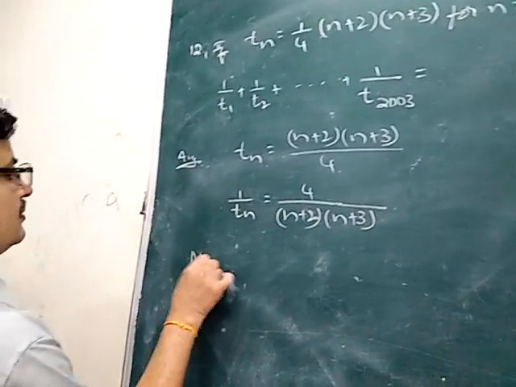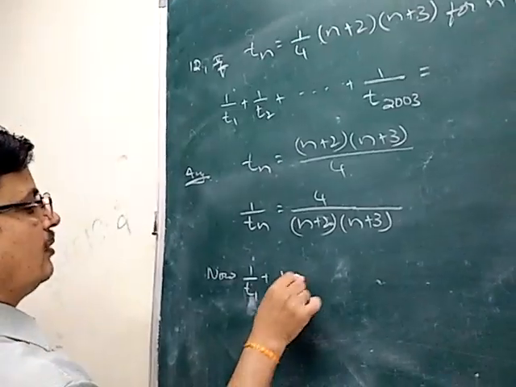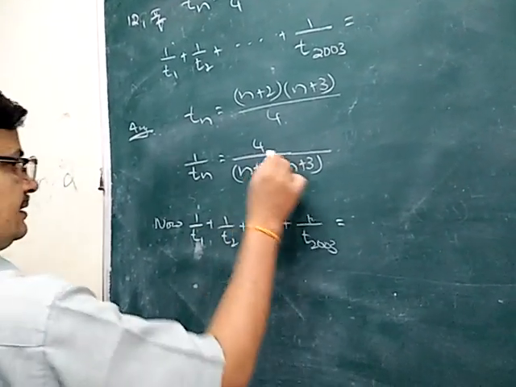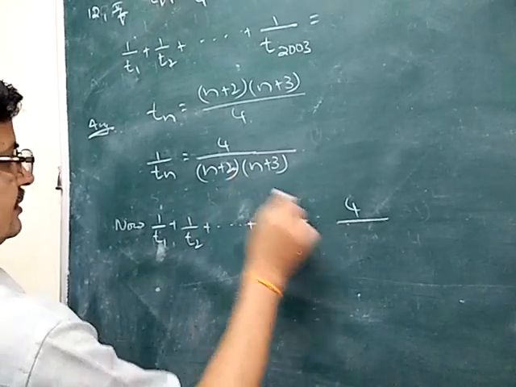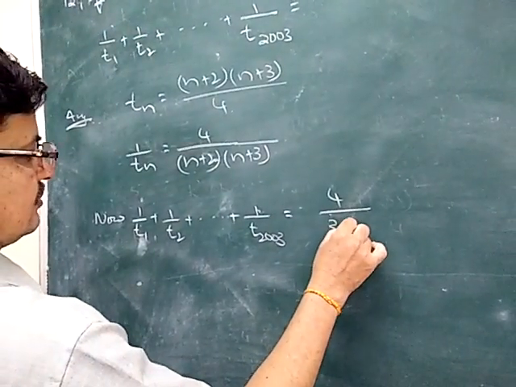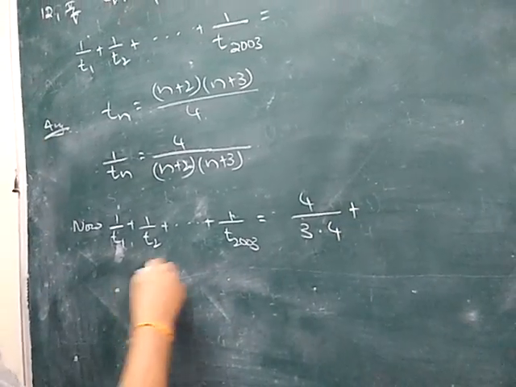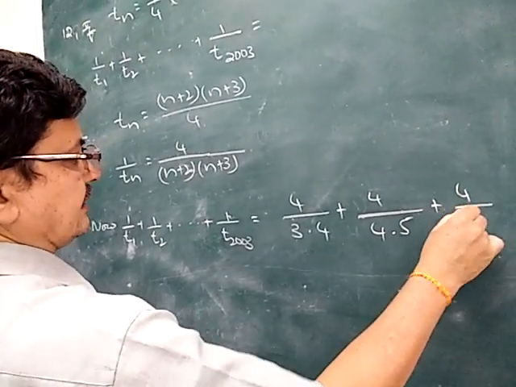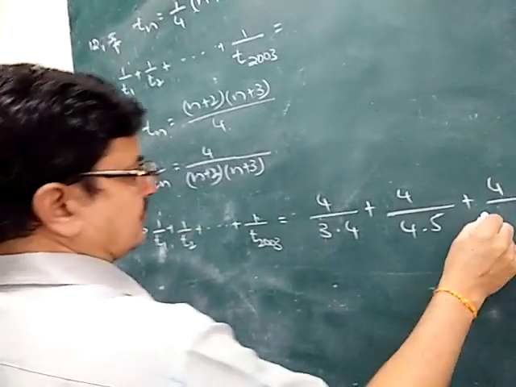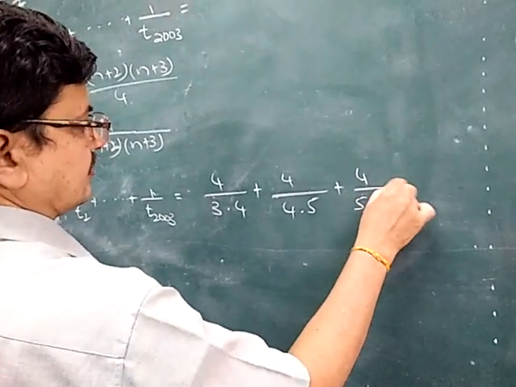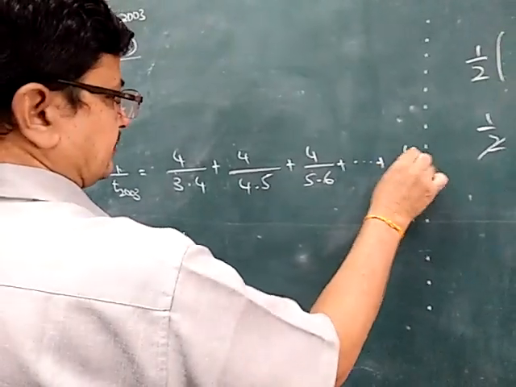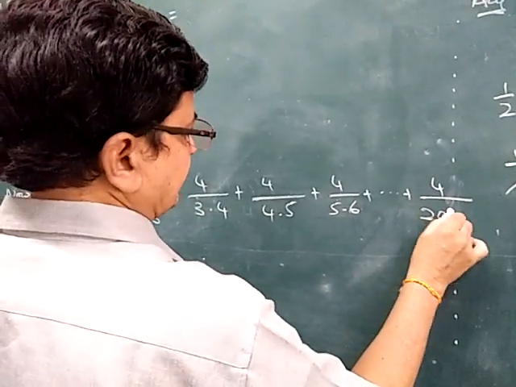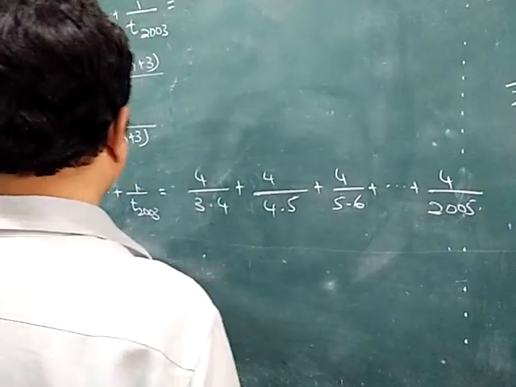Now 1 by t1 plus 1 by t2 plus so on plus 1 by t 2003 is equal to 1 by t1, which means 4 by 1 plus 2 is 3 into 4, plus t2 means 4 by 2 plus 2, 4 into 5, plus 4 by, and n is equal to 3, 5 into 6, plus so on plus 4 by, for n is 2003, that means 2005 into 2006.